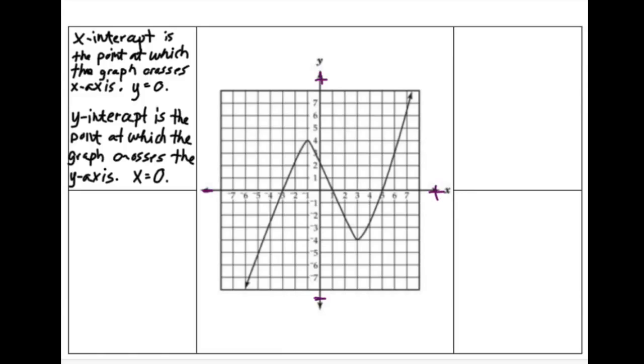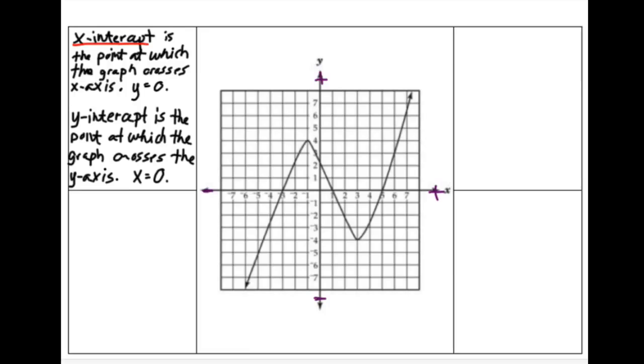Here's where your colors are going to come in. You're welcome to use the same colors that I am. You're also welcome to use different colors, but try to stay consistent with regard to what you're circling. So for example, the x-intercept, I'm going to use red to highlight the x-intercept, and then I'm going to look at my graph and I'm going to find the x-intercepts. There are more than one, right?